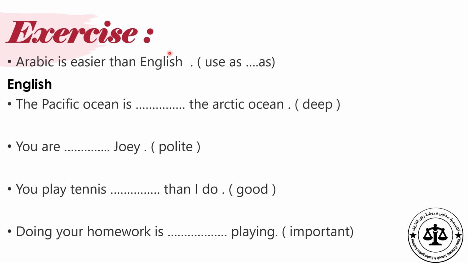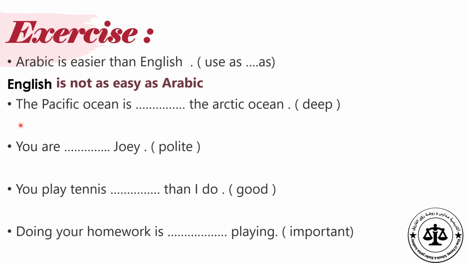English is hard, and they are not equal. So, English, excellent, is not as easy as Arabic. English is more difficult than Arabic. These are the ways that we can say and use comparative adjectives in this sentence.